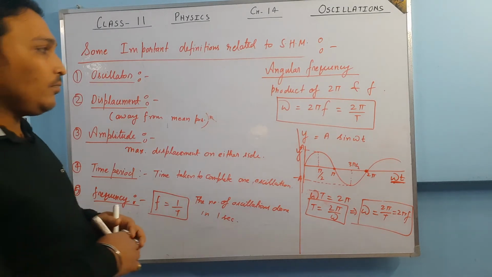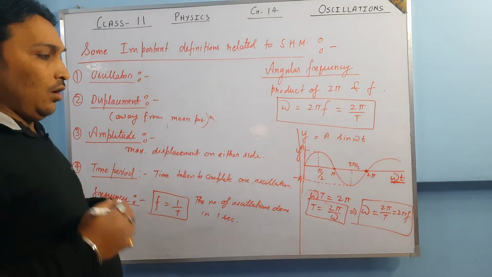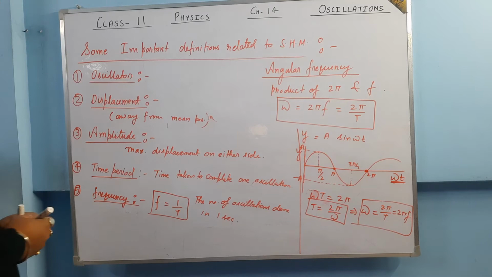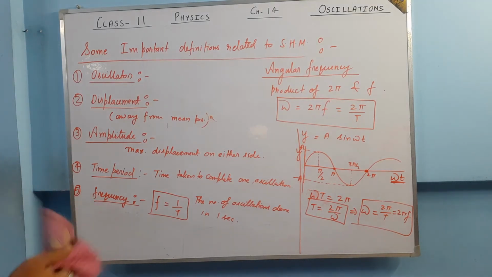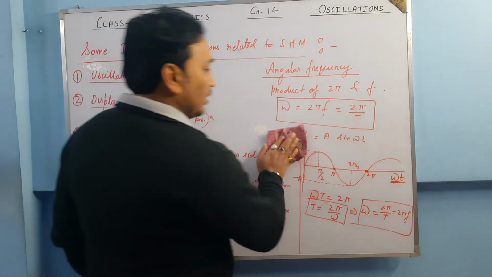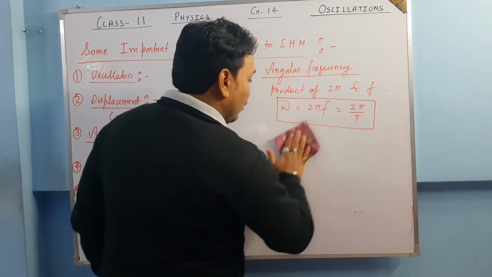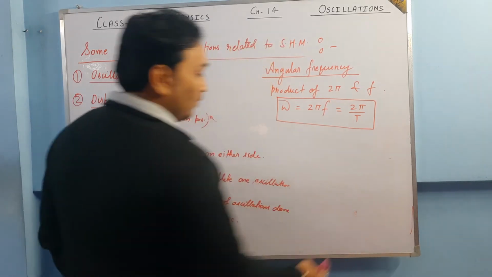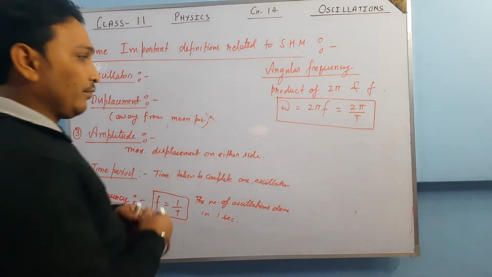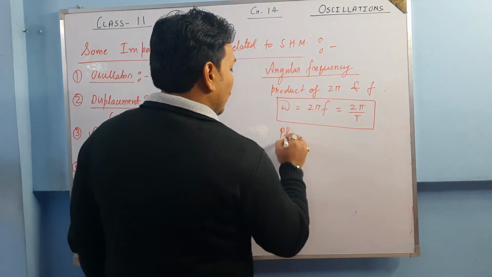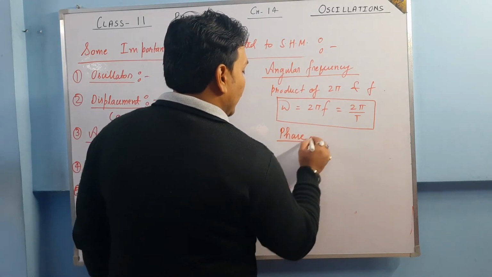Okay. Now, the next definition is phase. So let me remove from the bottom one. This formula is there. The next definition I have to do is phase. What is phase?